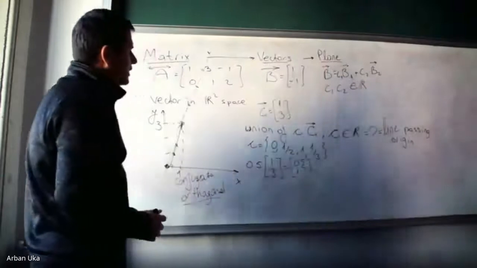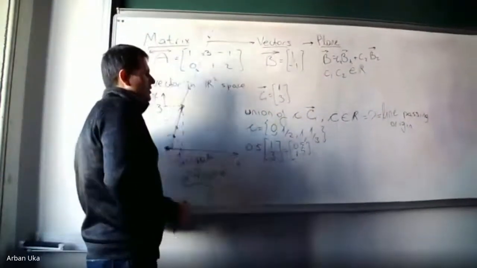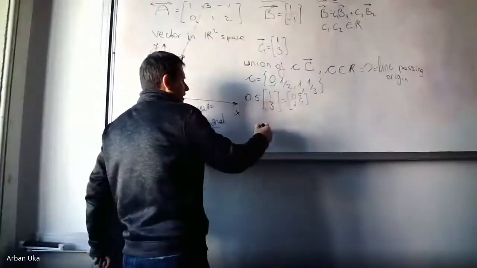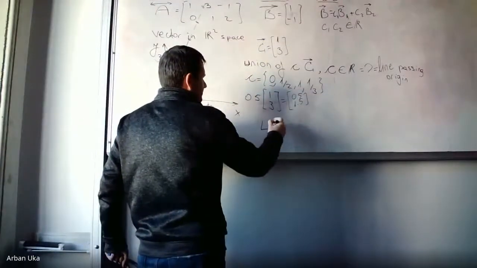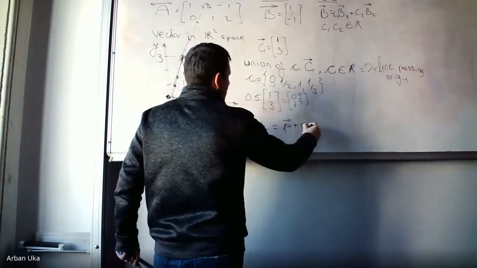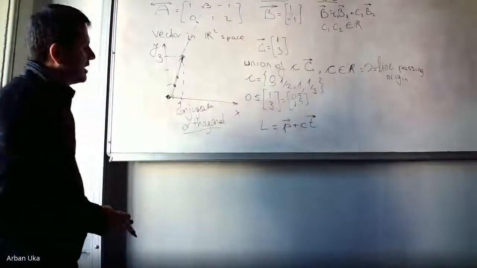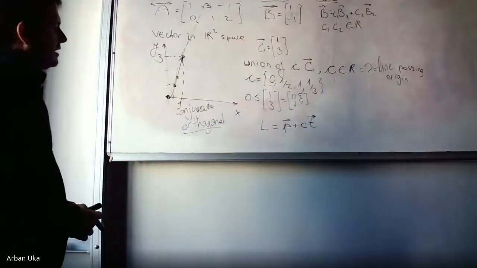Now we can define another line, which can be written like this. Let's call this L, equal to a vector P plus a constant C times T. I just came up with these, but P is any vector.